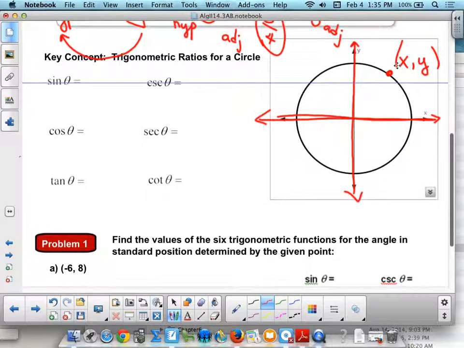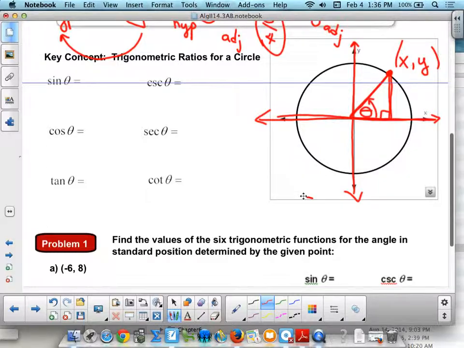You jump on that point, and you go straight down to the x-axis, back to the origin, and back to the point. So how did I do that? Pick a point, go where? Straight down to the x-axis, then where? To the origin, then where? Back up. So there's your triangle in the first quadrant, and this is the right angle, and this is where theta hides every time, right by the origin.